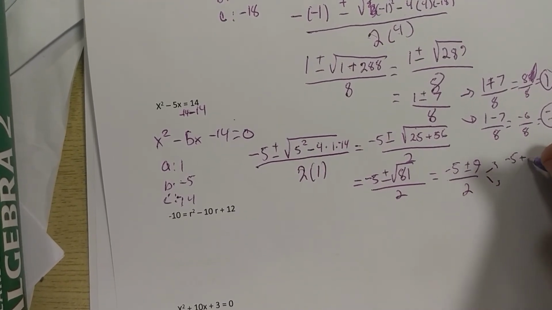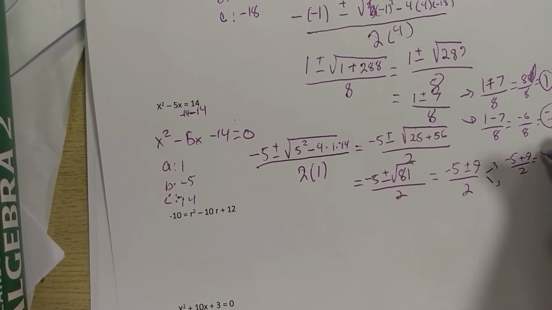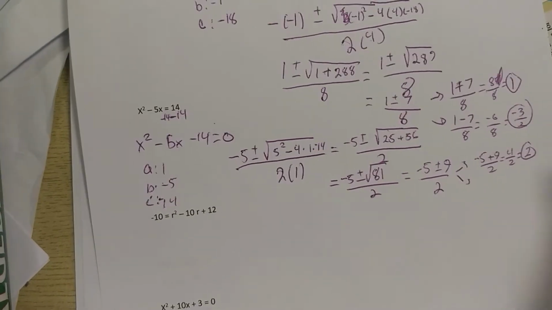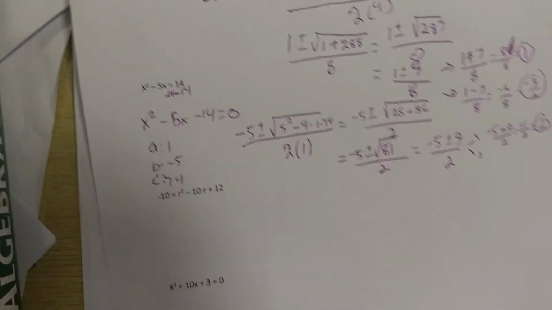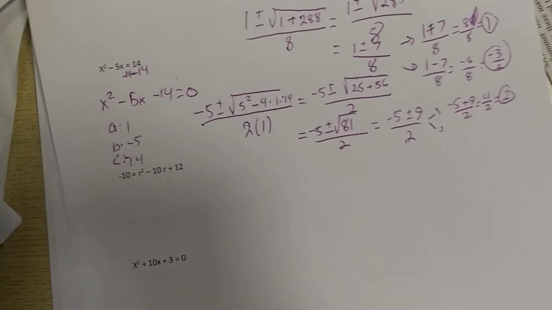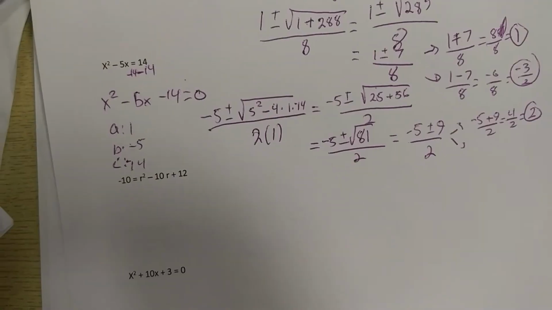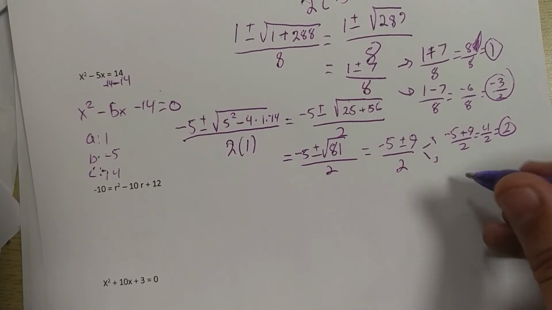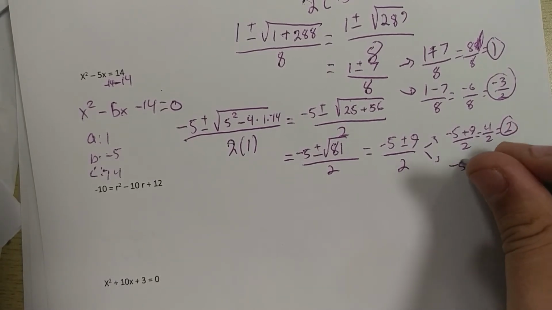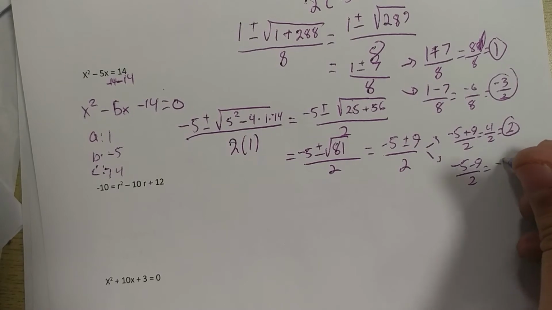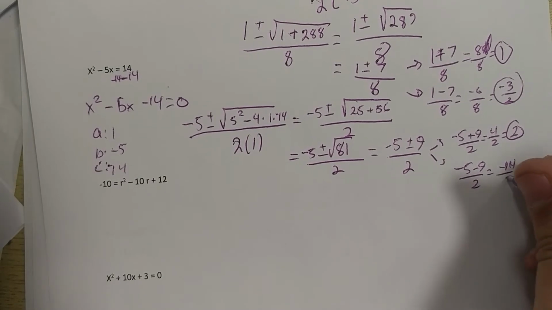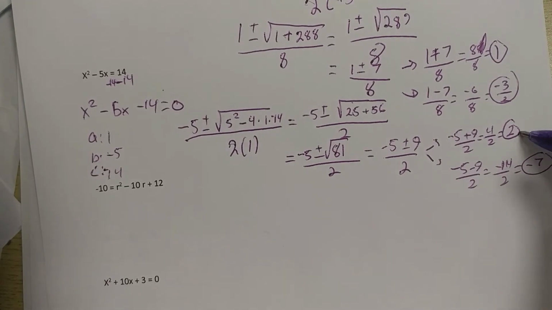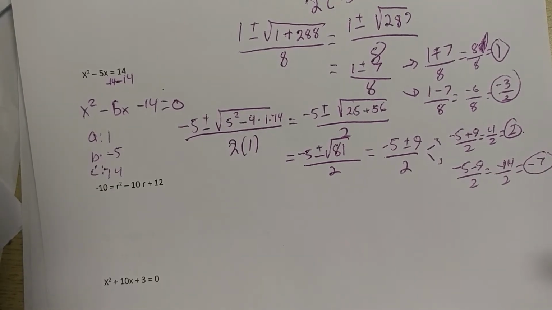Negative 5 plus 9 over 2 equals 4 over 2, which is 2. Sorry about this. Let me just move the camera a little bit. And then negative 5 minus 9 over 2, negative 14 over 2, which is negative 7. So your two answers are 2 and negative 7.